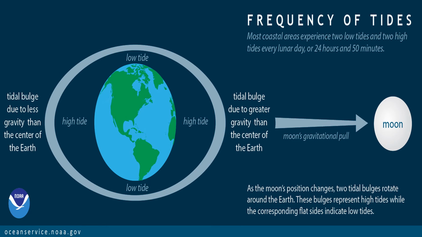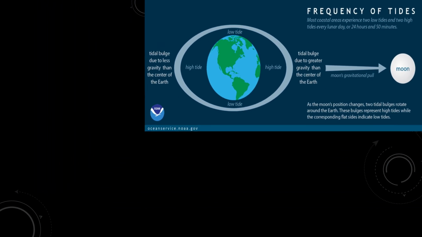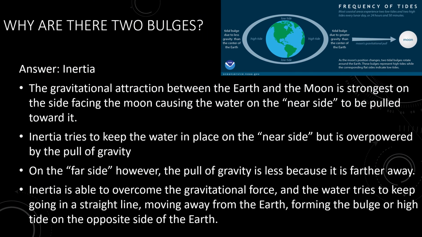So on the side where the moon is, we experience high tide. So when the moon is pulling right here, and it's lined up with the sun, we get high tide. Okay? On the side where the moon's not lined up, we get low tide.